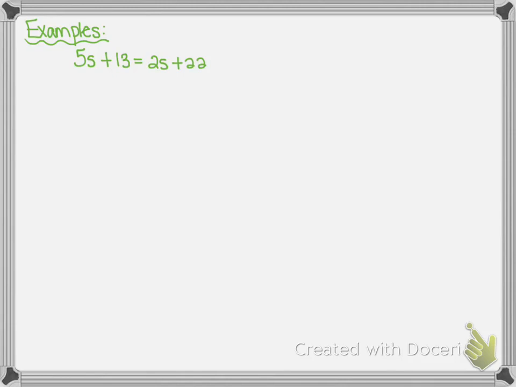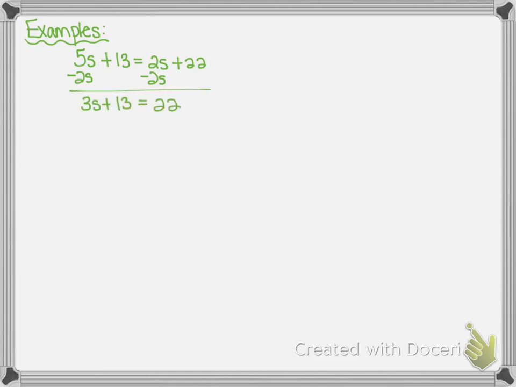My suggestion is always move the smaller number. That way, for the most part, it'll give you a positive variable, and I know we are more comfortable working with positive numbers than negative numbers. So I'm going to choose to subtract 2s from both sides. If you were to choose to subtract 5s, you'd still get the same answer; you just have an extra step in there.